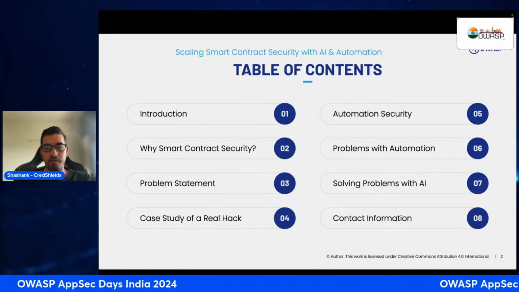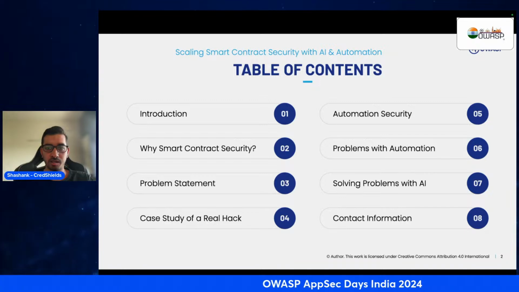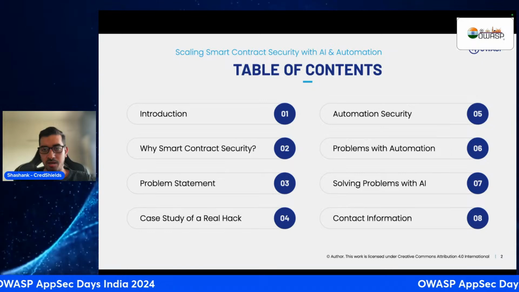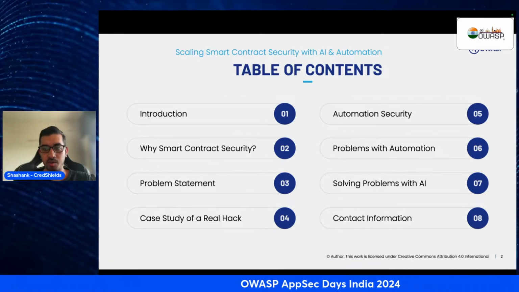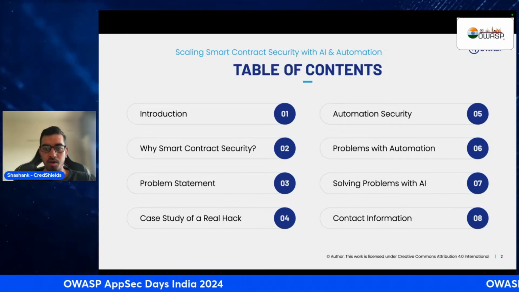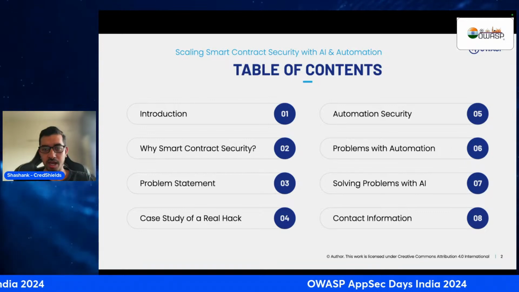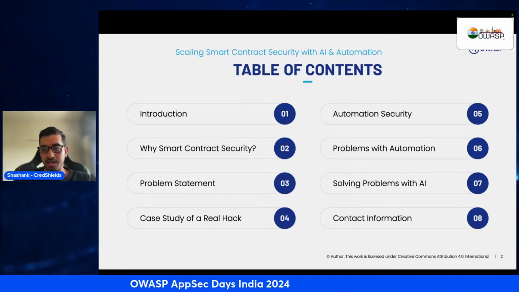On the fifth step, we'll figure out how we can protect against those hacks using automation. The next would be the problems and limitations of automation. And then we'll also talk about how we can reduce those limitations using AI, which is the main topic. And at the end, just contact information.